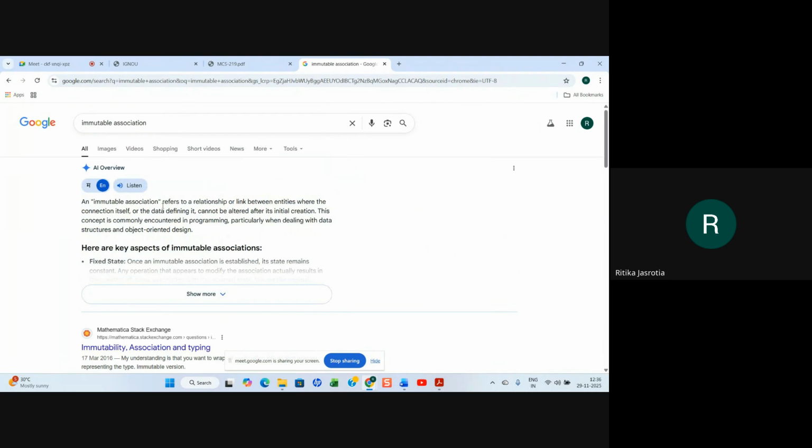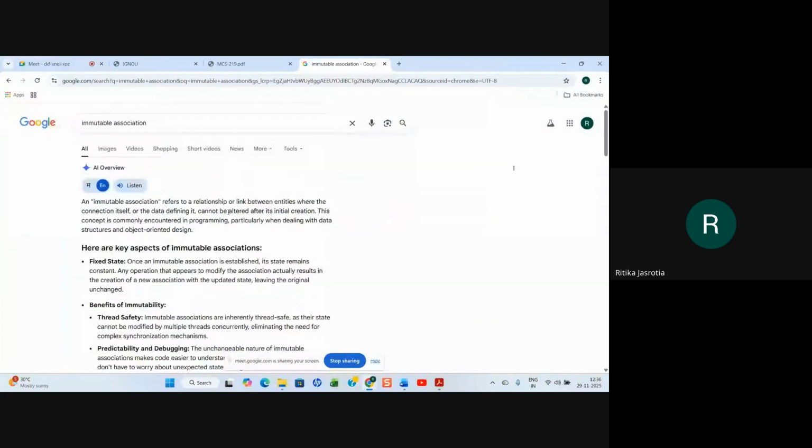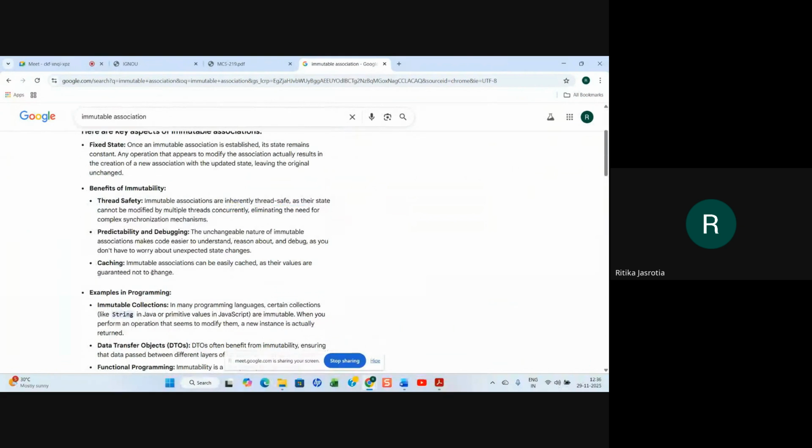So an immutable association refers to a relationship or link between entities where the connection itself or the data defining it cannot be altered after its initial creation. This concept is commonly encountered in programming and when dealing with data structures or object-oriented design. It is fixed. You cannot alter it or change it. That is immutable.